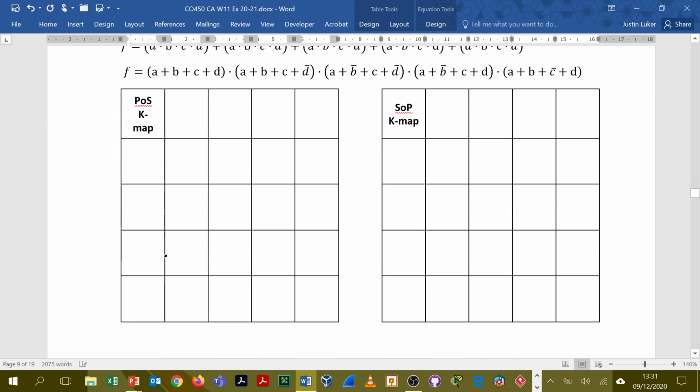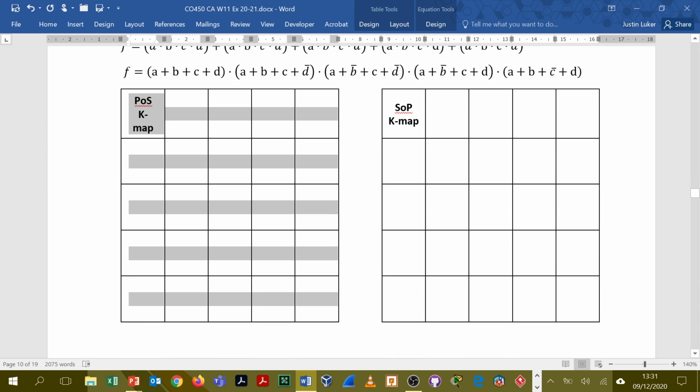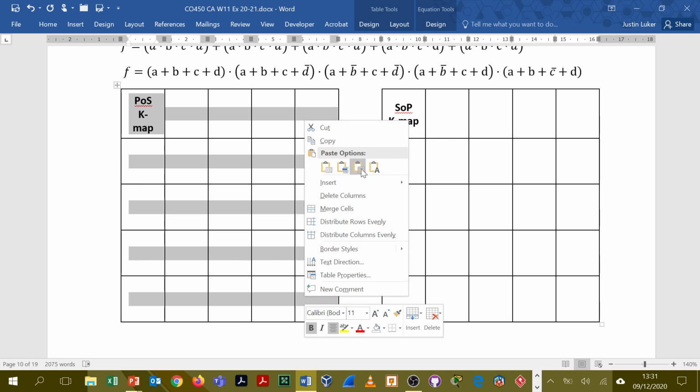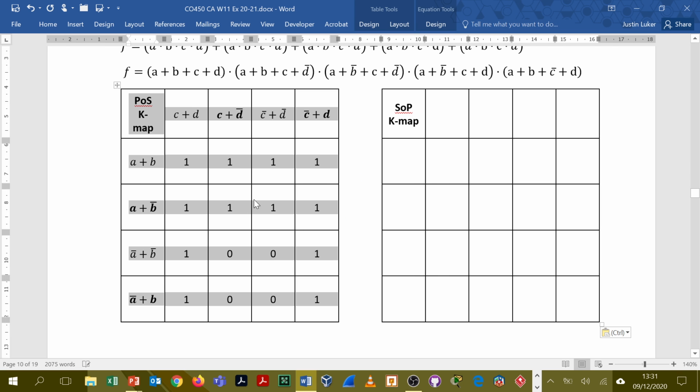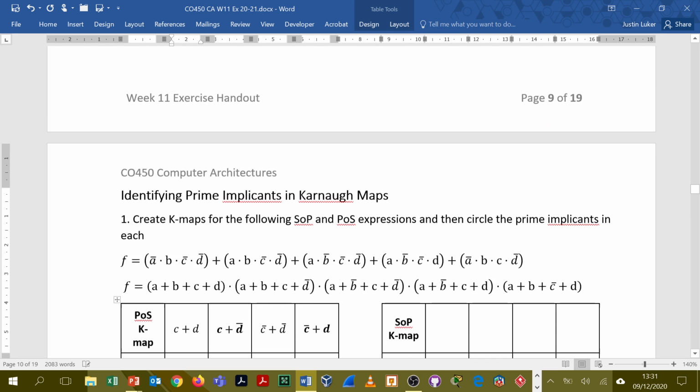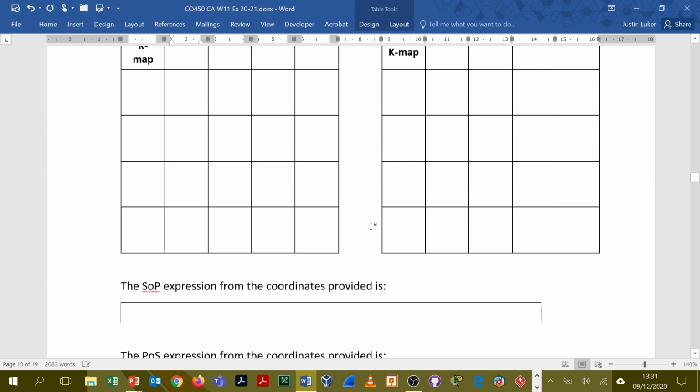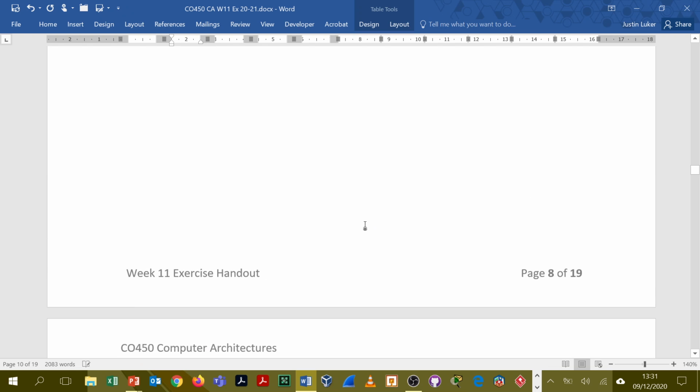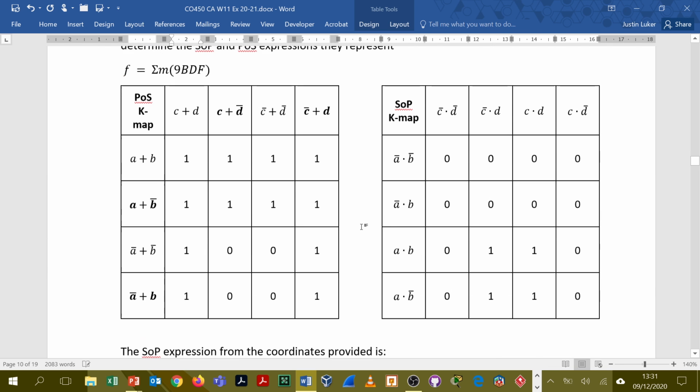Okay, so there we go. That's the POS one. I'll take those out so I don't get confused, and then I need a SOP one as well. I've got one up here.